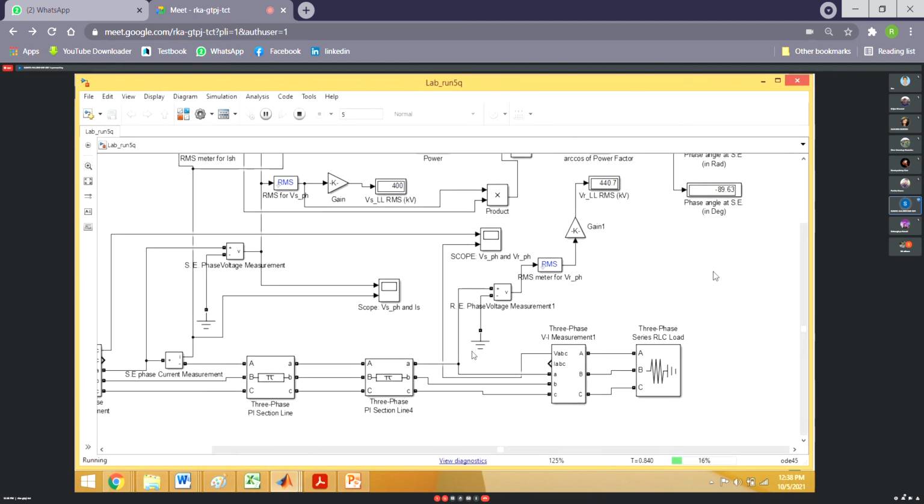So under no load condition, obviously the Ferranti effect will be more prominent, right? So in run 3, voltage was 420 like that at the receiving end. Now it is near to 440. So huge rise. So let us go one by one.